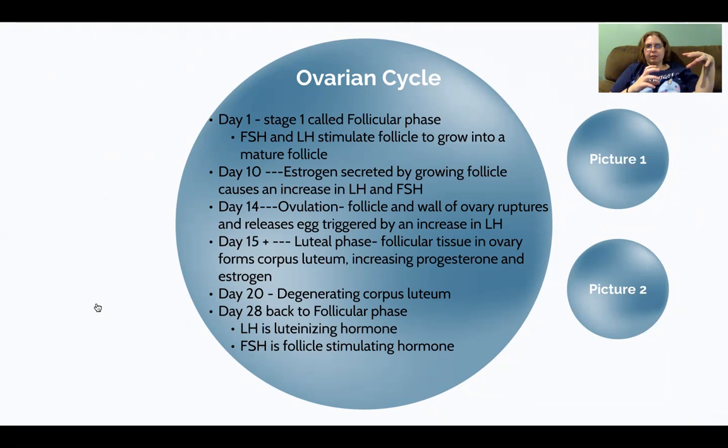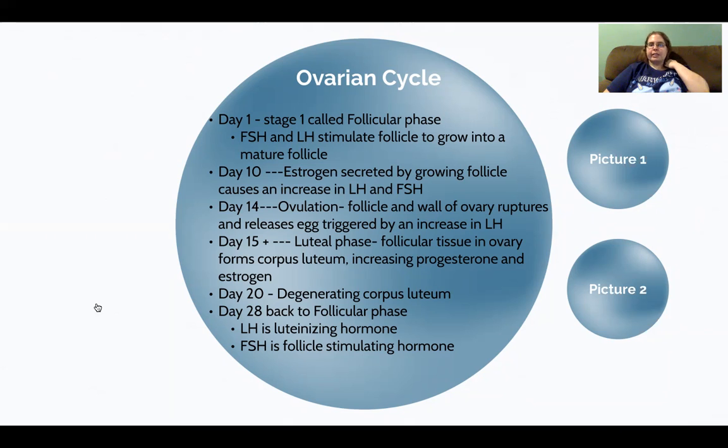The mature follicle then secretes estrogen, and the estrogen causes more LH and FSH to be secreted. So as the FSH and LH levels rise, it leads to the estrogen from the follicle being secreted, which then causes the LH and FSH levels to rise even more.